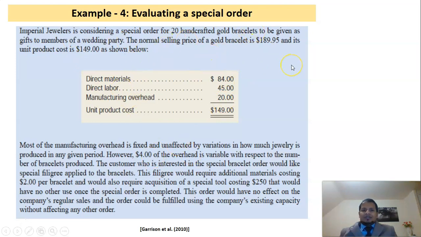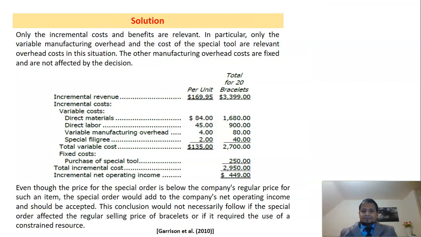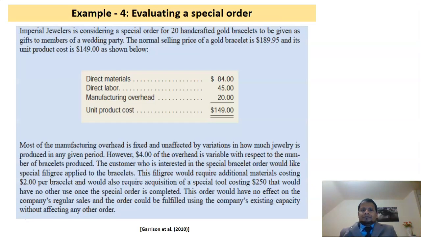So the special order they are considering, whether they should do it. Okay, let's see. We are missing some information, I think. What is the price the special order is offering?